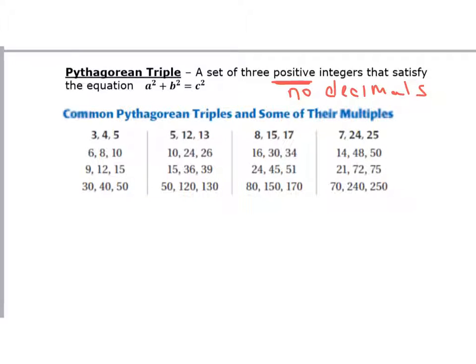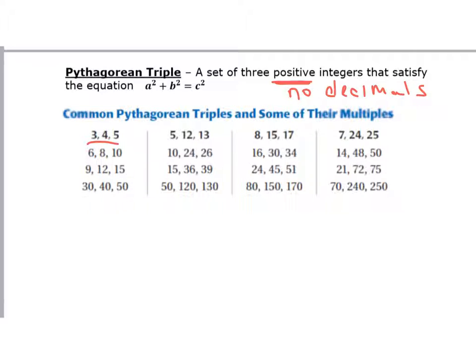Okay, so basically it's like 3 side lengths of a triangle that are perfect whole numbers that have no decimals. The most common one you see in life is the 3, 4, 5 triangle. If you ever see a triangle and one side's 3 and the other side's 4, the other one's going to be 5 if it's a right triangle.